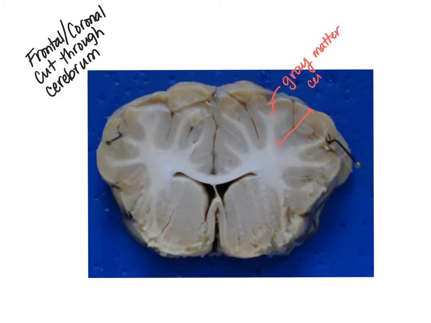And this makes up the cerebral cortex. You can also see from this angle the gyrus, which is the bump, and the sulcus, which is the divot in between the bumps. This white matter here is part of the corpus callosum.